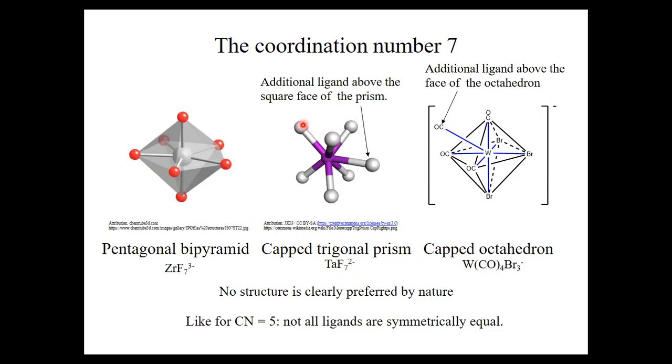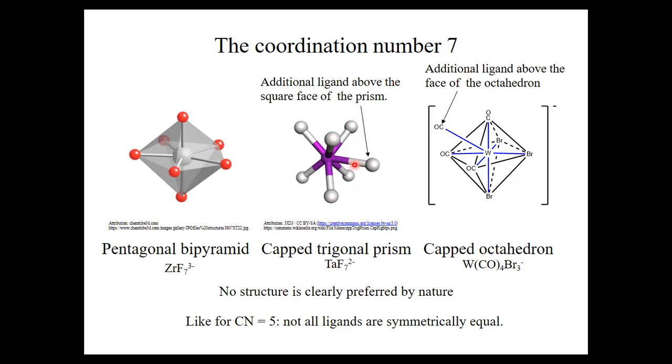So 3 ligands form the first triangle, and here 3 other ligands form the second triangle, and then the 7th ligand is placed above the square here, one of the squares, made by 4 ligands that belong to different triangles. So 2 ligands belong to the first triangular face, and the other 2 ligands belong to the other triangular face.